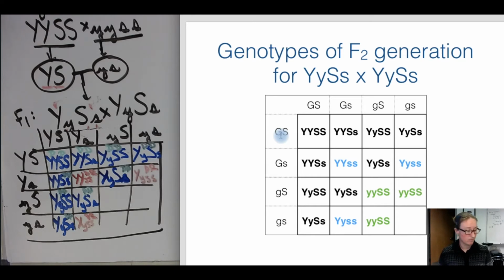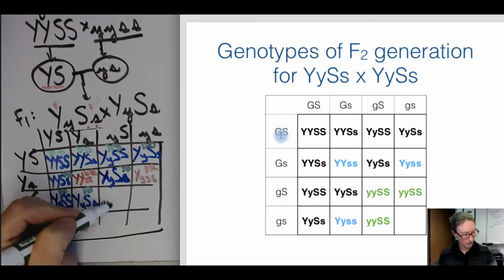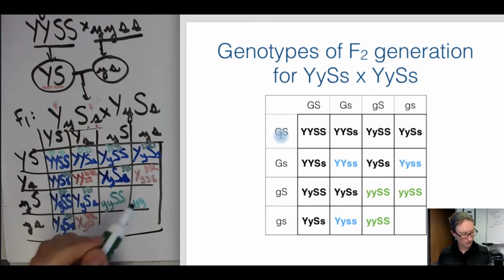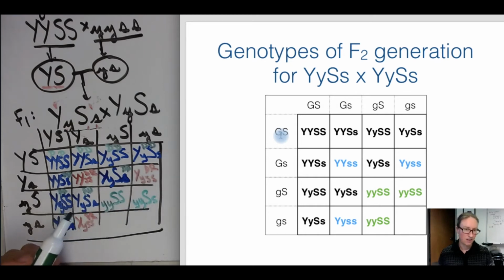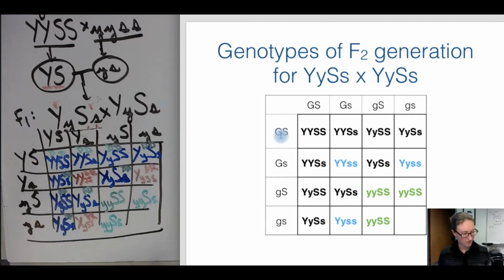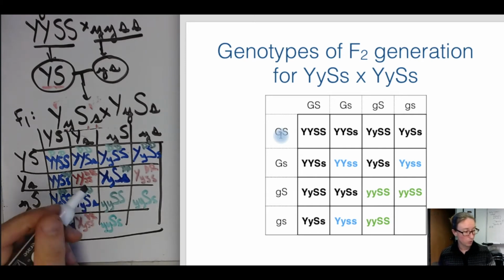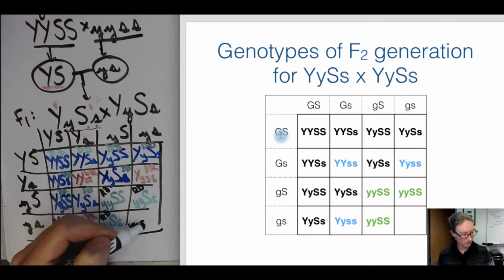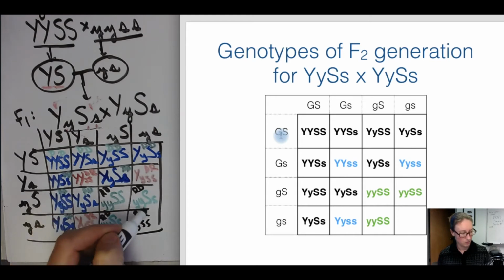My next individuals are little y, big S, little s, and then I've got little y, big S, little s. So these three individuals are recessive for color, dominant for shape. And then last but not least, down here I've got little y, little s, little s. So this individual is recessive for both color and shape.